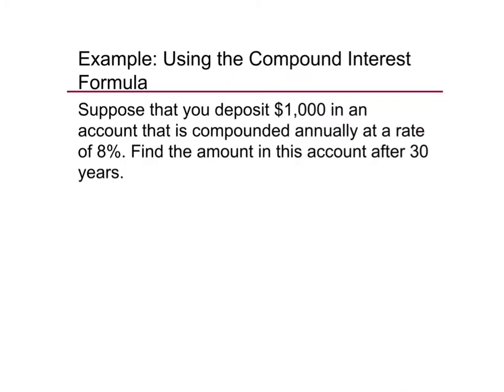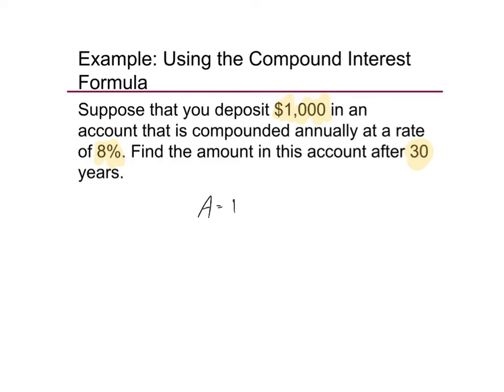So let's go back to the previous example of investing $1,000, and let's take a look at what happens after 30 years. $1,000, we're earning 8% interest every year, and I want to know how much is in my account after 30 years. So I'll start out by rewriting the formula.